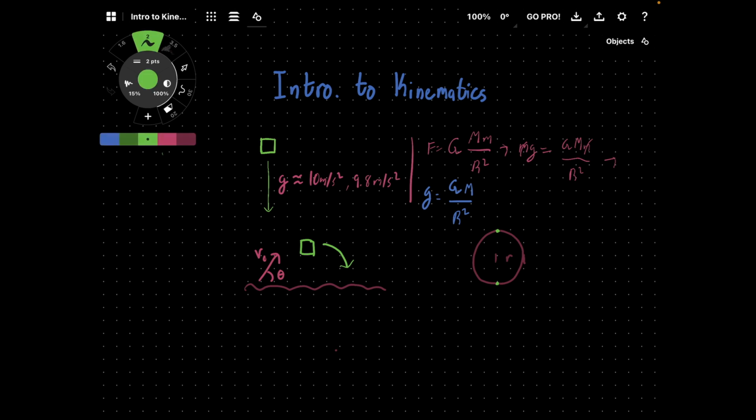Technically, the distance is going to be half of the circumference, so half of 2 pi r, or simply pi r. But the displacement is going to be the shortest line between the two, so straight across the center. So it'll actually be the diameter d, or just 2 times r.